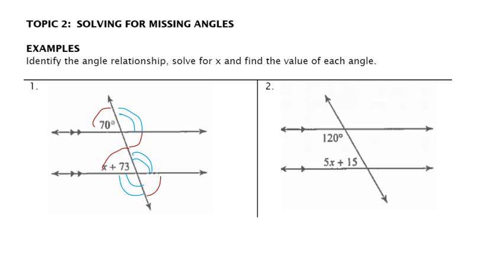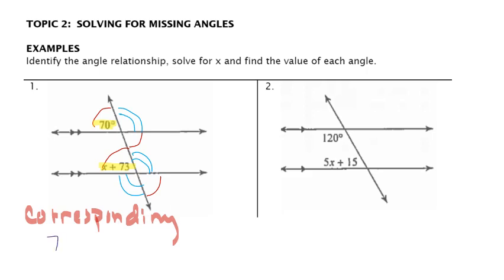So I have the 70 degrees, and I have the x plus 73. Those are actually going to be corresponding angles. And corresponding angles are going to be congruent, but I could also see just how I marked it. I marked them the same, so I know I can set them equal.